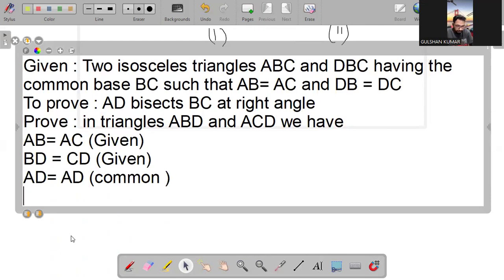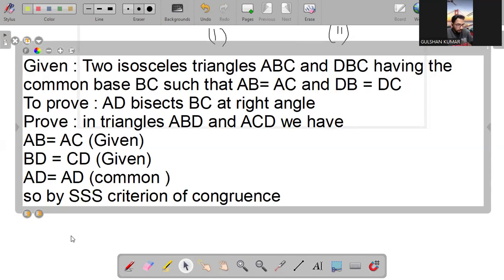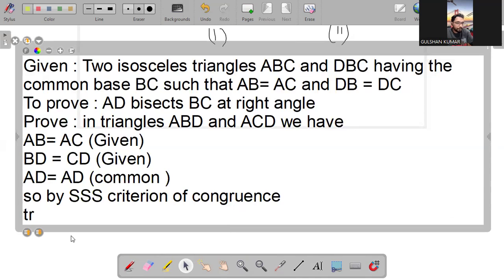So by SSS criterion of congruence, triangle ABD is congruent to triangle ACD.